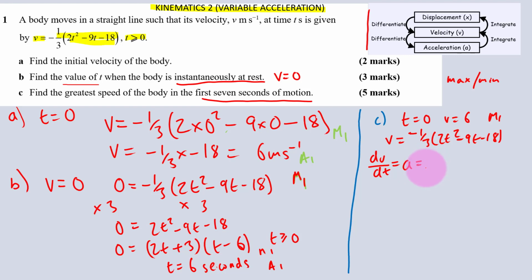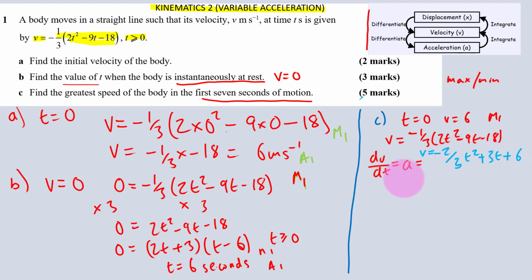So if we differentiate that, what do we get? So first, and lots of people seem to make a mistake on this, let's expand this out. So v equals minus 2 over 3 t squared, minus times a minus is plus, that's plus 3t, and plus 6.